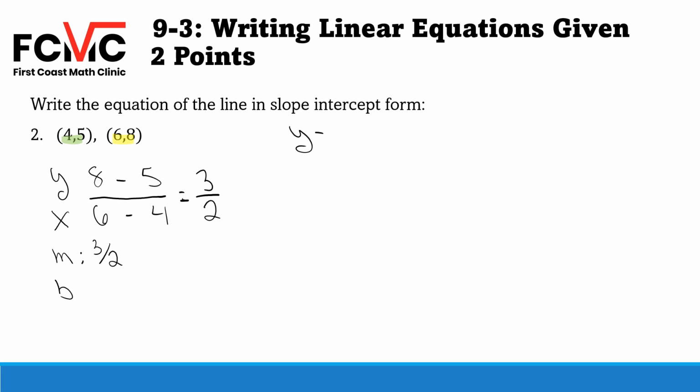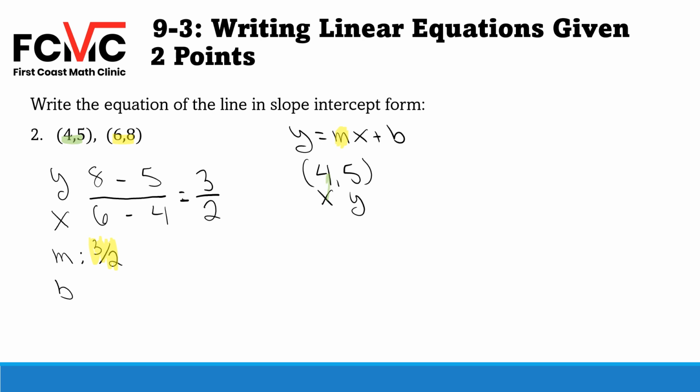So that's going to give us our slope, 3/2. Remember our general form, our formula for slope-intercept form, y equals mx plus b. So our slope, m, is 3/2. I'm going to use 4, 5 for my point, x and y. Doesn't matter what point we choose, I'm just going to choose 4, 5.